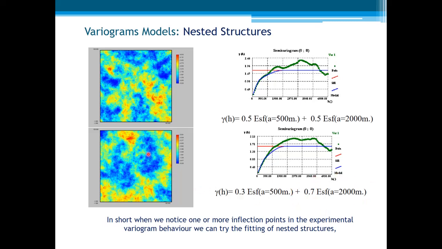Here we notice a much better definition of those clusters, of large clusters. In short, when you notice one or more inflection points in the experimental variogram behavior, we can try the fitting of the nested structure.